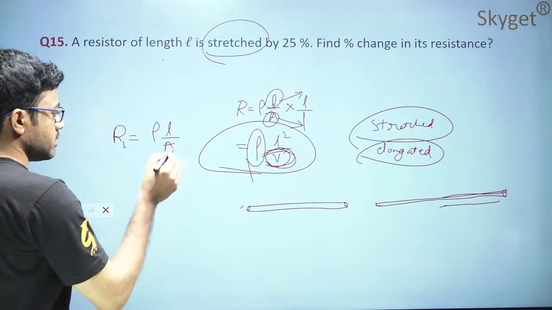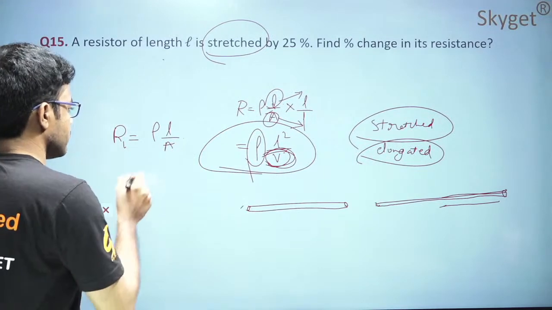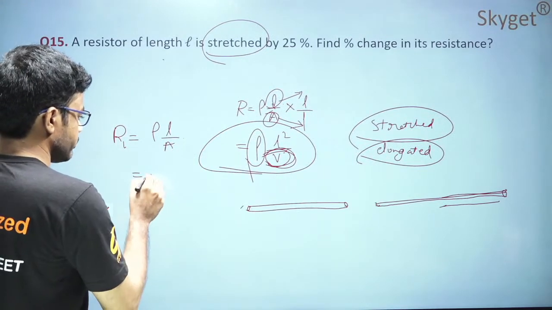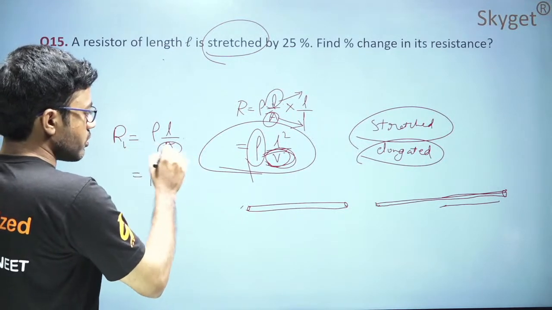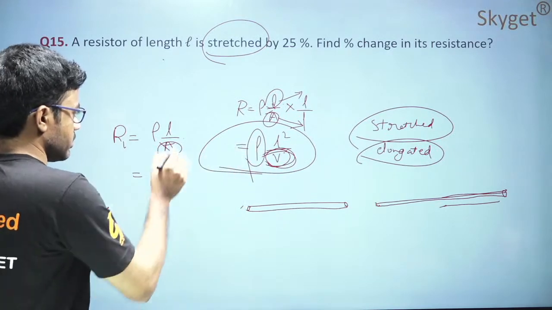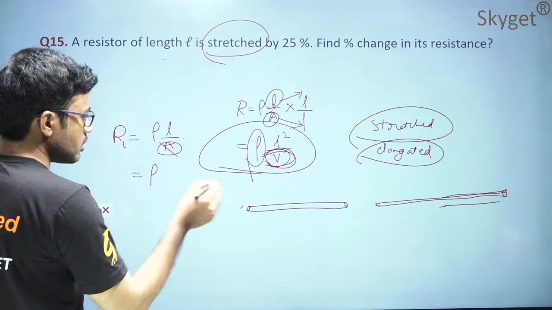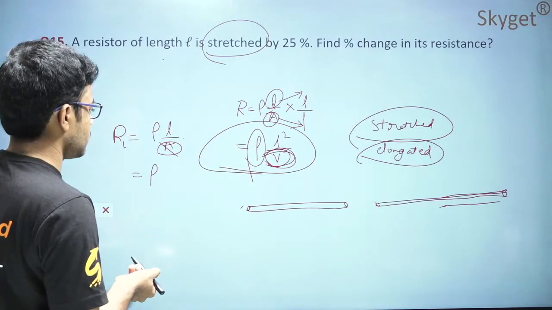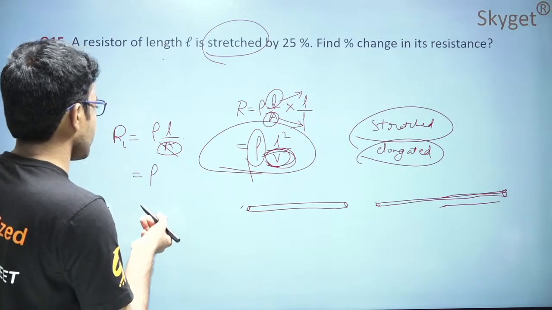So you have to write it in terms of rho L square by V. Here you don't require these other quantities as they are constants, so keep them aside.